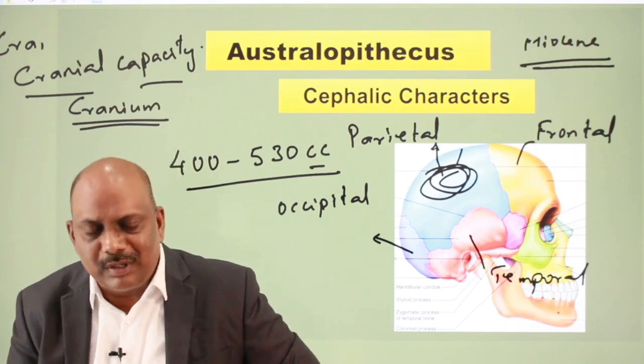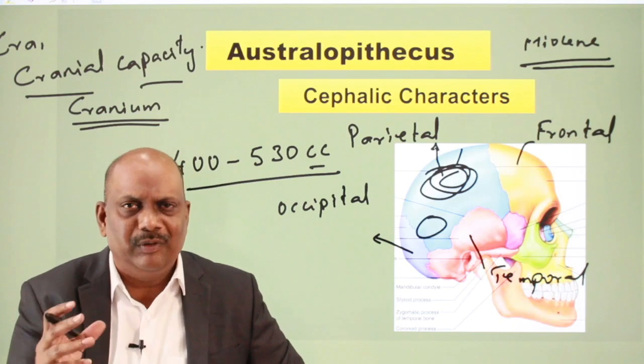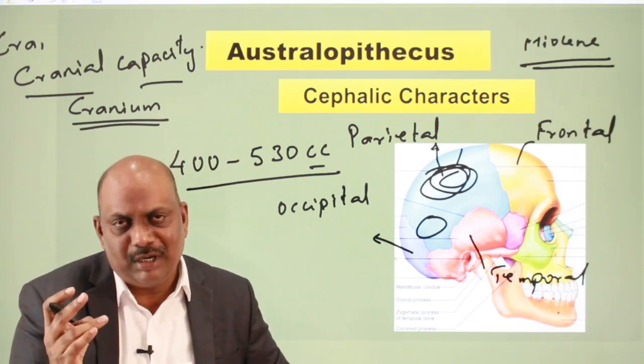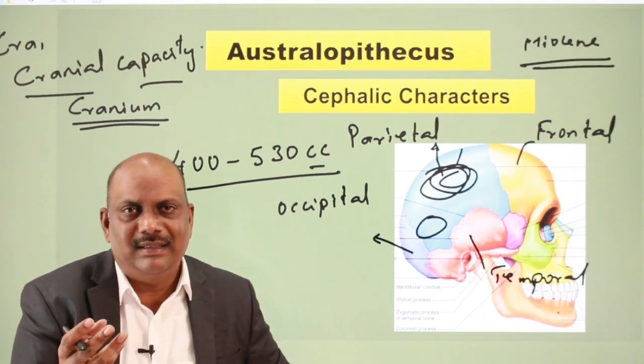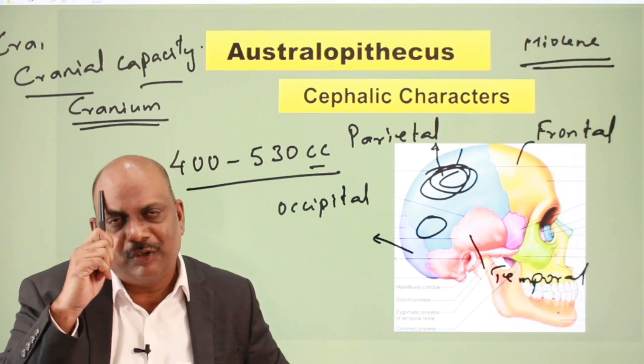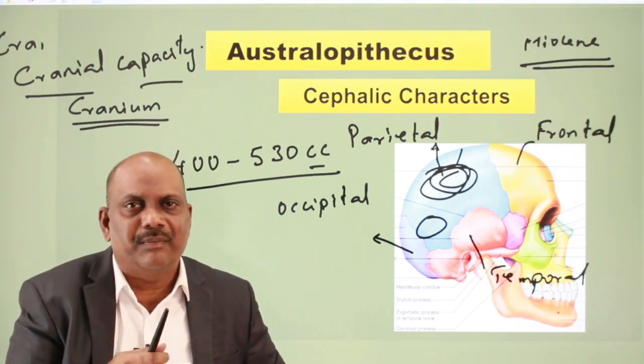And there is also some enlargement of the brain in the cerebellum. I hope you are comfortable with the regions of the brain like cerebrum, cerebellum, medulla oblongata. Even an 8th class kid will be comfortable with these terms. Cerebrum is the forebrain, cerebellum is the hindbrain, and medulla oblongata is just below that.